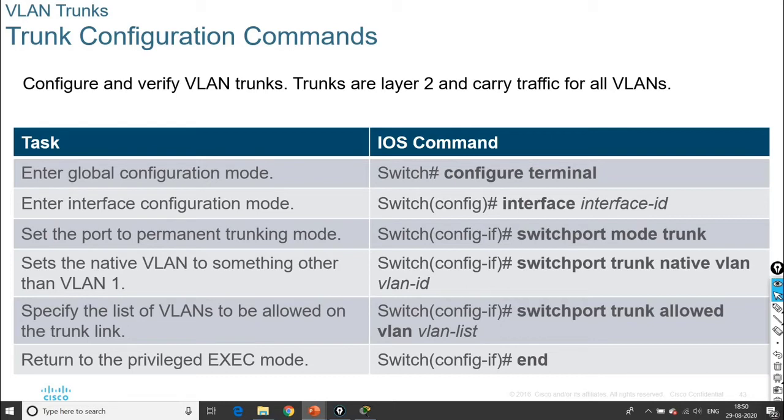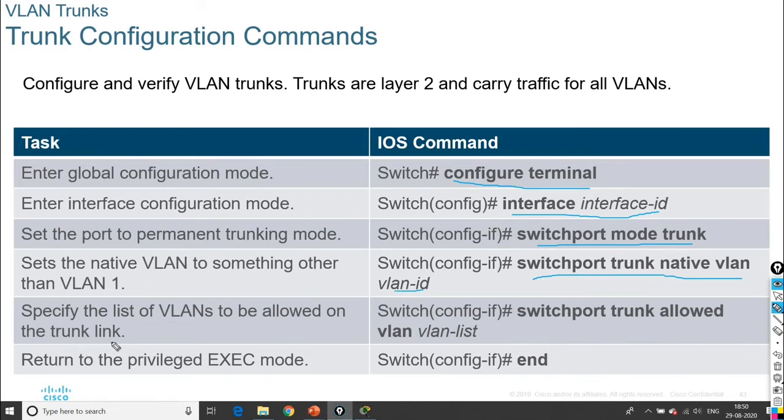Enter global configuration mode again using the command configure terminal, and enter interface configuration mode with the interface ID. Set the port to permanent trunking mode with switchport mode trunk, and set the native VLAN to something other than VLAN 1 with switchport trunk native vlan VLAN ID.